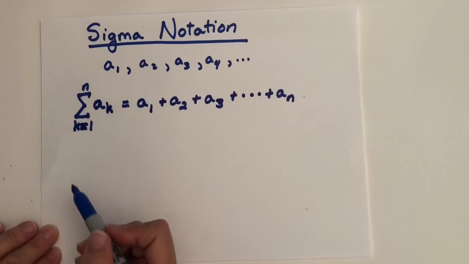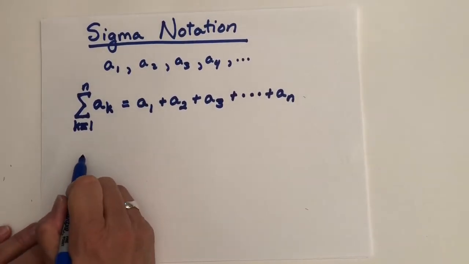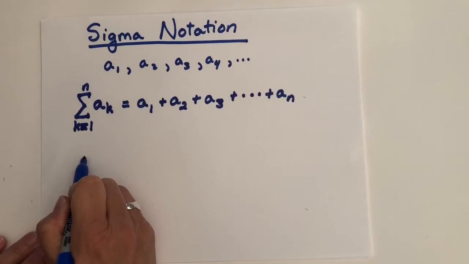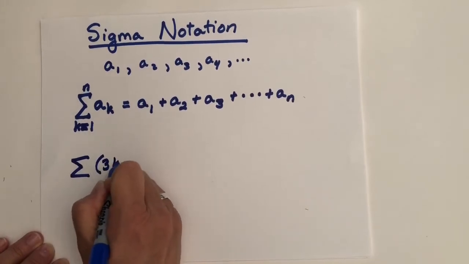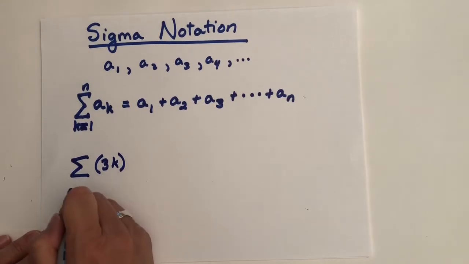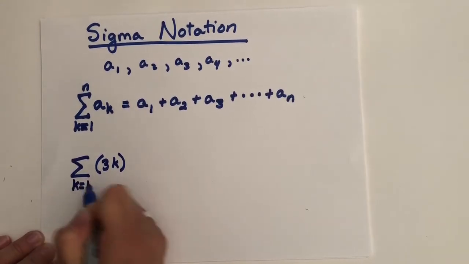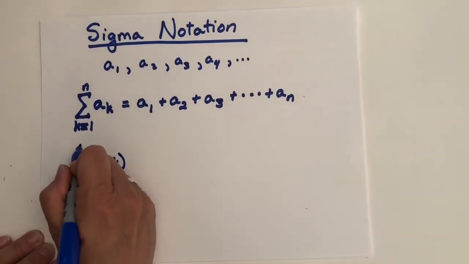So now we're going to practice using summation notation. Let me start with this one. We'll use the sum of 3k, starting with k equals 1 to k equals 5.